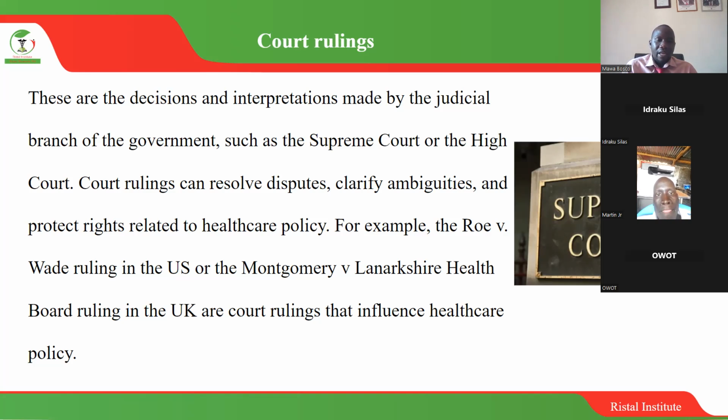client who went to a gynecologist, and the gynecologist did not give all the information related to the state of the pregnancy, and then the woman gave birth to a child who had serious birth injuries, and this case was taken to court.